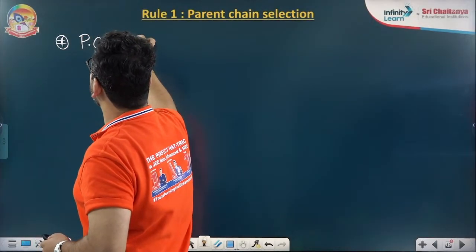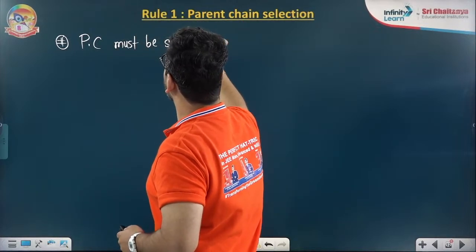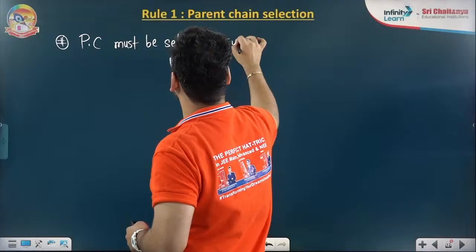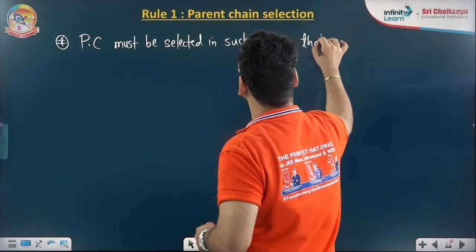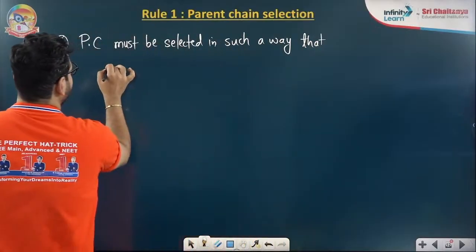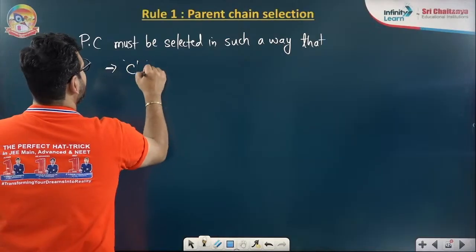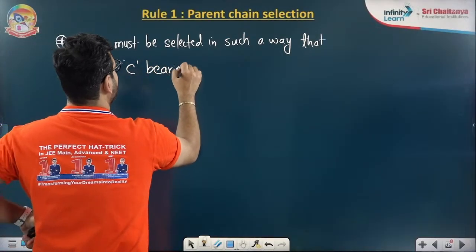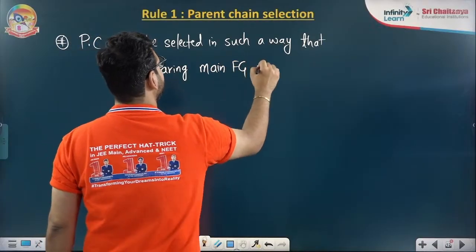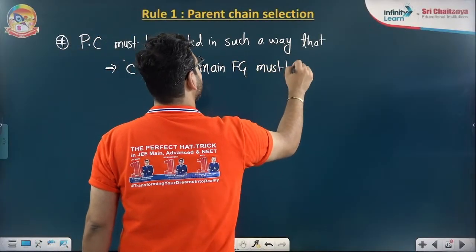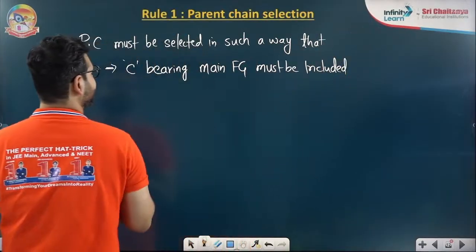Parent chain must be selected in such a way that number 1, carbon bearing main functional group must be included. This is the first thing.